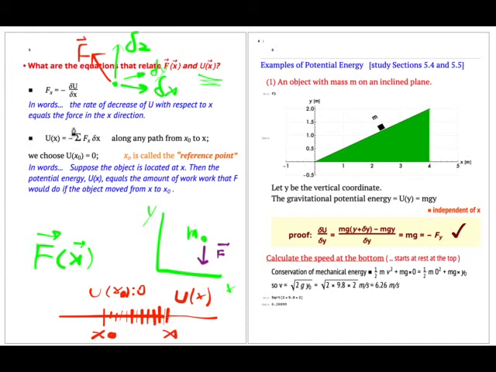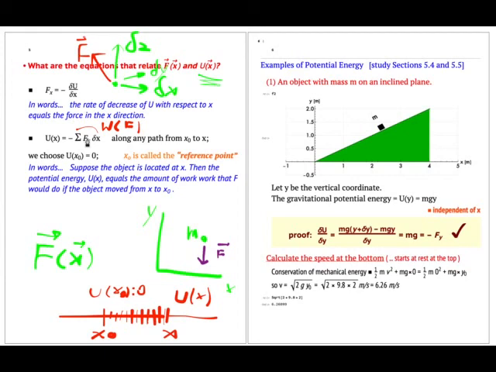Now you recognize that this is the work done by what force? The work done by the force F in going from x0 to x. Because, you know, I sum up the work done over each little step.